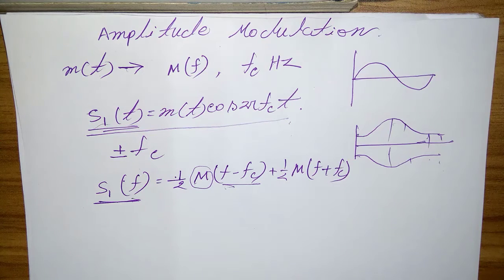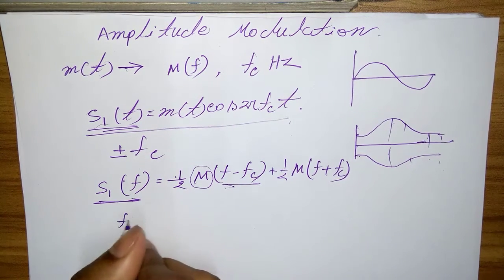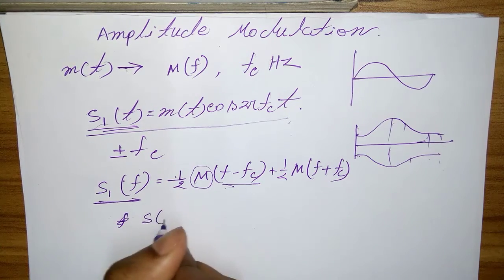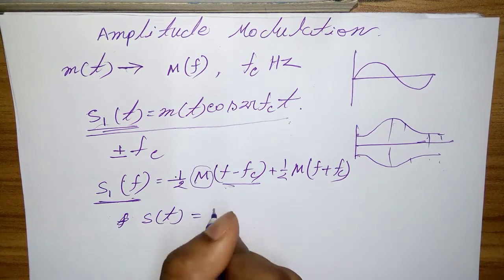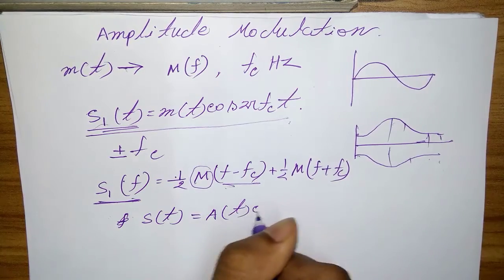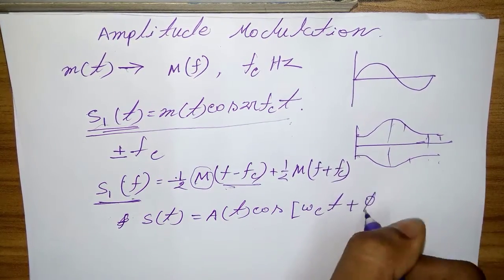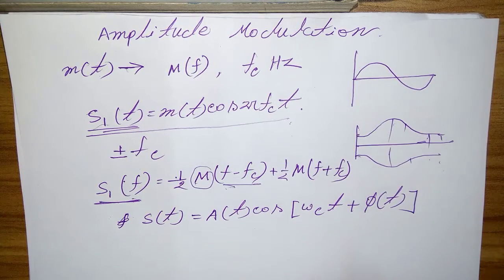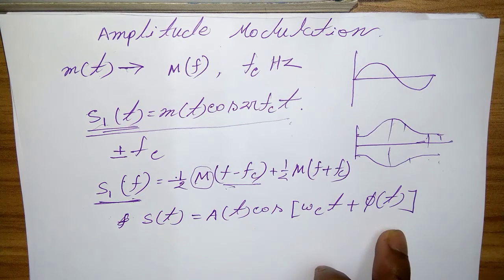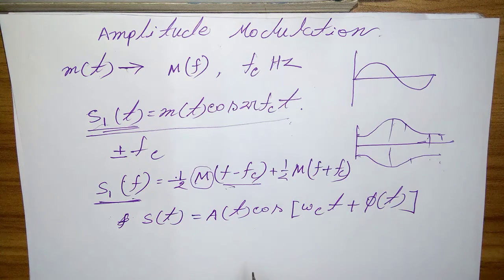So more broadly, consider a sinusoidal signal like s of t equals a of t cos omega c t plus psi of t. There are three variables in a sinusoidal equation: one, amplitude; next, frequency; and next, phase.